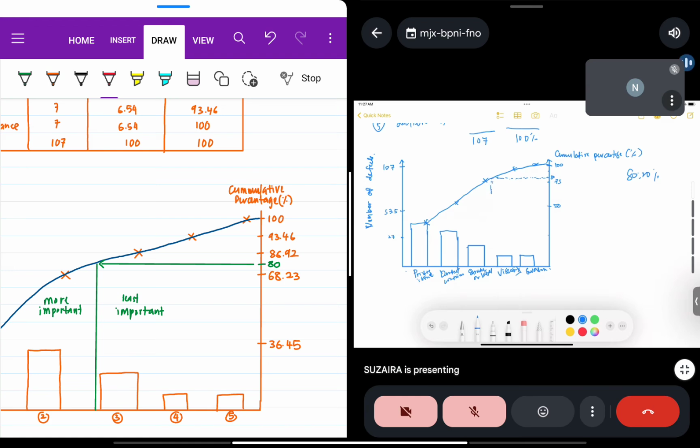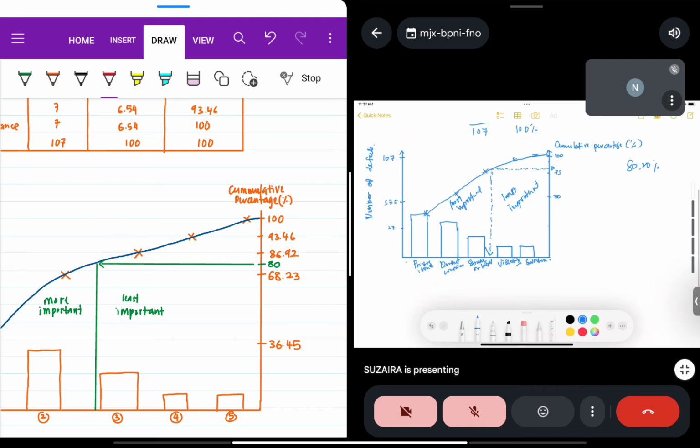On your scale, yeah? Okay. So this one is the most important. And this one is the least important. Okay. All right. So we identify the printing issue, dented container, and also scratch on label as the most important defects.